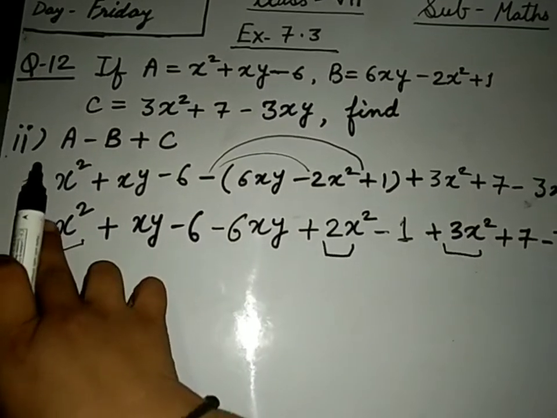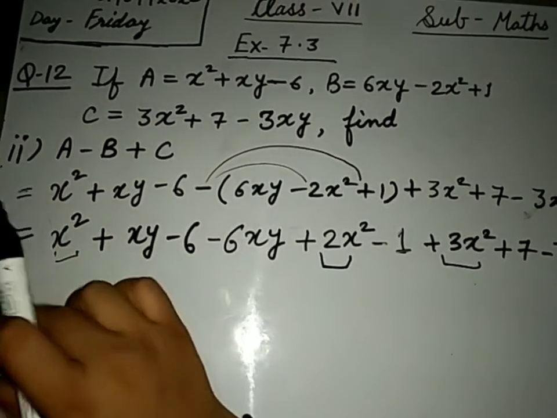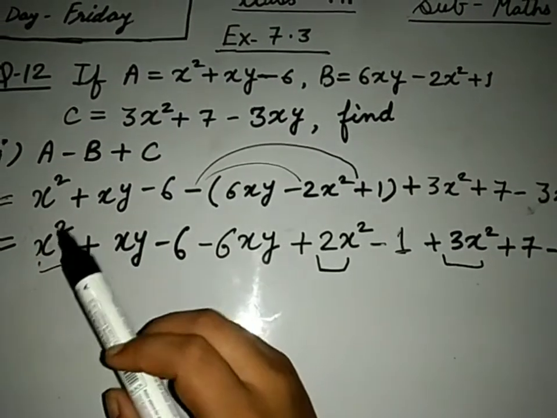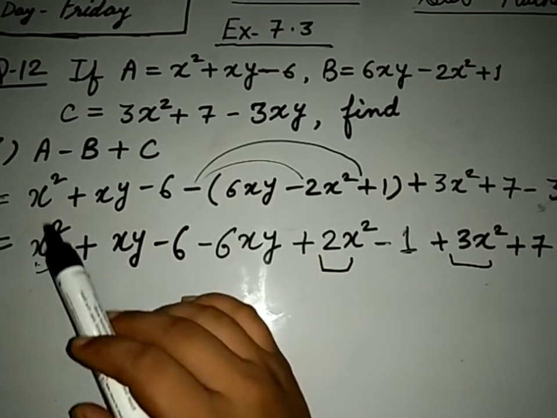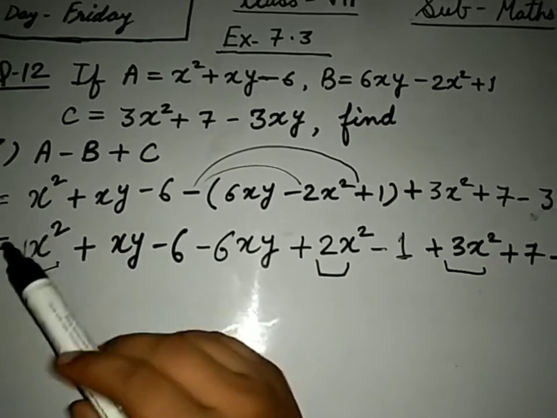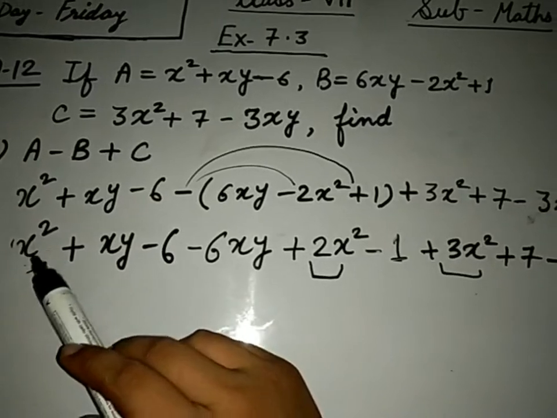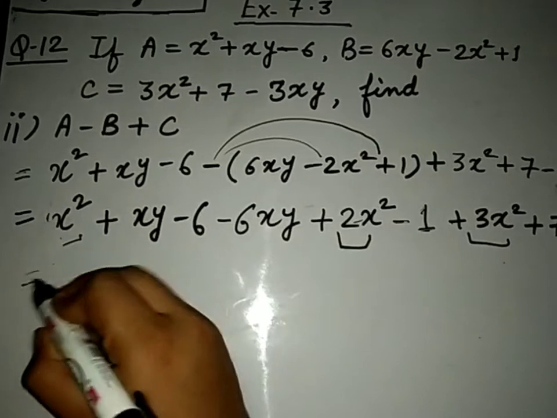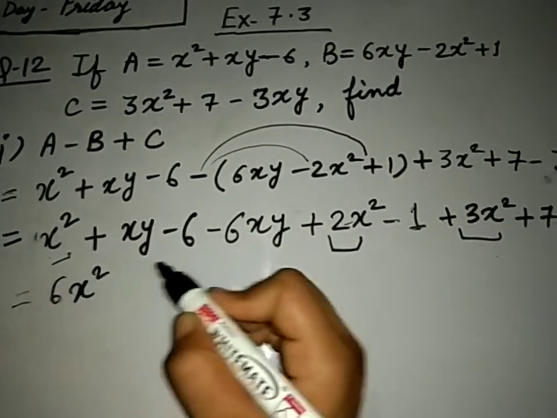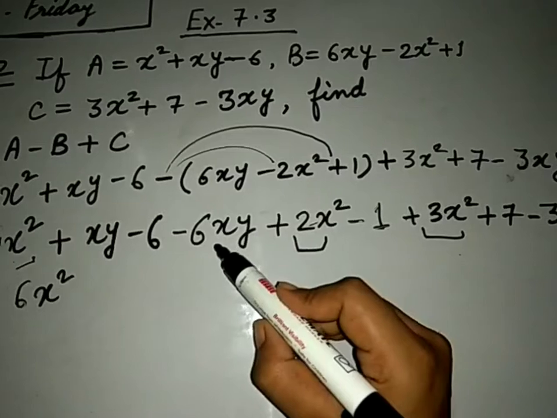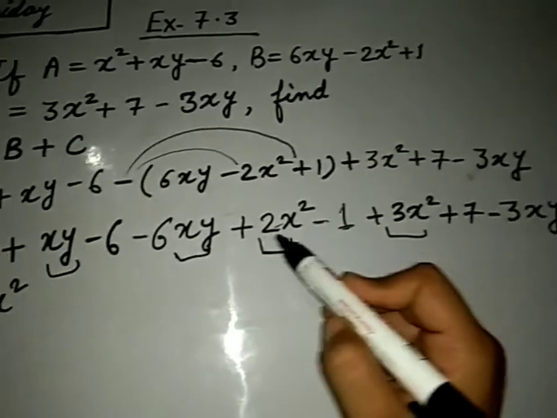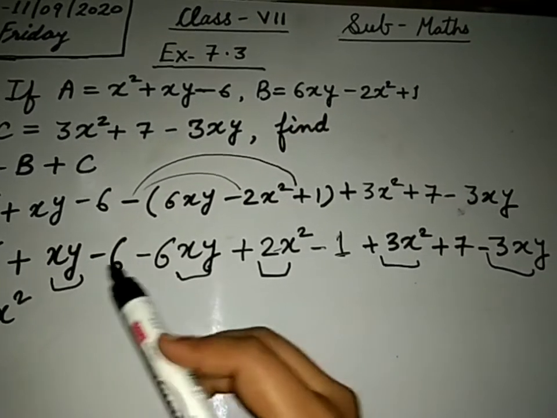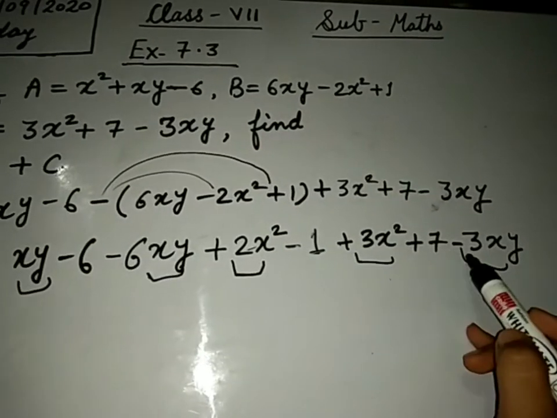Students, if you cannot see any digit just before the variable, please assume that it is 1. So 1 plus 2 is 3 and 3 more is 6, so equals 6x square. Then xy, there is also xy, and there is also xy. So first of all, minus 6xy minus 3xy.